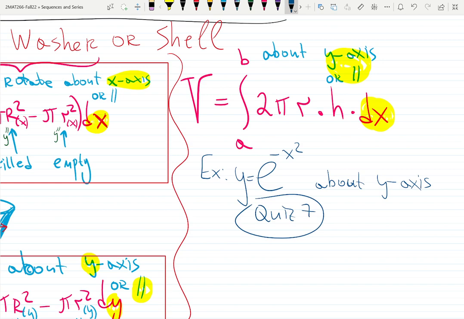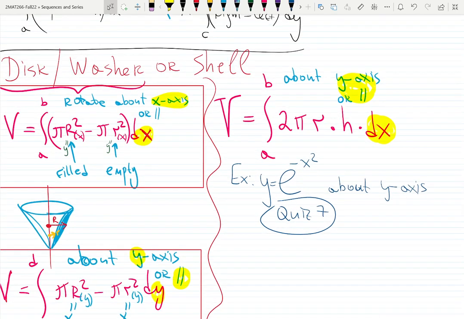We're rotating about the y-axis, so I want to put dy and use the washer method. But then I have to solve for x. I cannot solve for x. It's actually impossible. You cannot solve for x unless you do it numerically. So instead, I'm just choosing another method. There are so many methods to find the volume, including just a double or triple integral, which is easier, by the way.